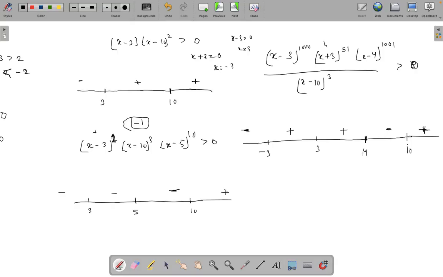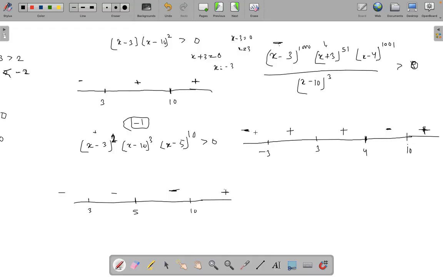Then look at the power of this. Again odd, so change sign. Look at the power of 3. When it is 3, it is minus 3, because this is the 0 of this one. Now look at the power of this. It is even, so same sign. Now look at the power of this. It is odd, so change sign.